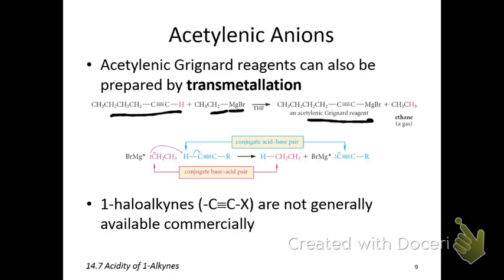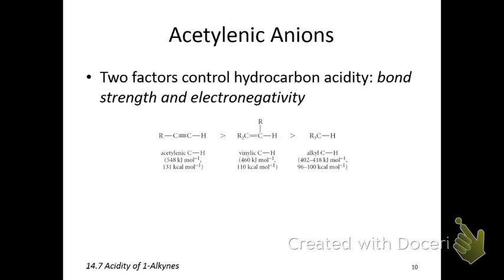As it says here, 1-haloalkynes are not generally available commercially, so you can't make a Grignard as you did in lab, I should say. Once the Grignard is made, you could use it in some other reaction, which we'll look at later on.